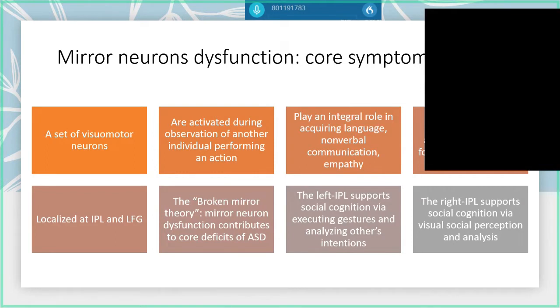So you can imagine why, with dysfunction of this network, you can have autism spectrum disorder. Obviously, you would have difficulty understanding and analyzing other people's emotion and reciprocate. And also, these neurons have a very important role in acquiring language, right?